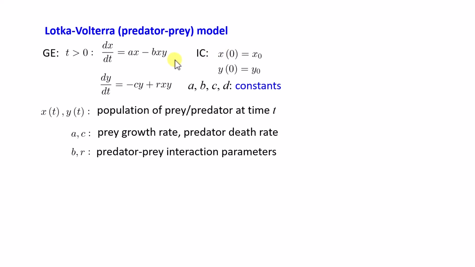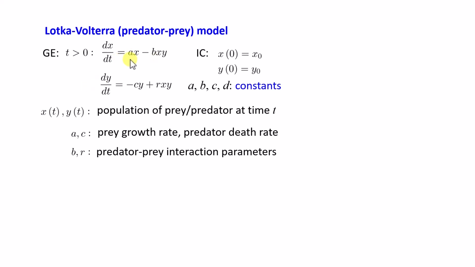Here the Lotka-Volterra model is also an improvement over the exponential model. In the exponential model, you have dx/dt equals ax. Here, in the predator-prey model, this x is the population of prey, or in this case deer, and this y is the population of predator, or in this case tiger.